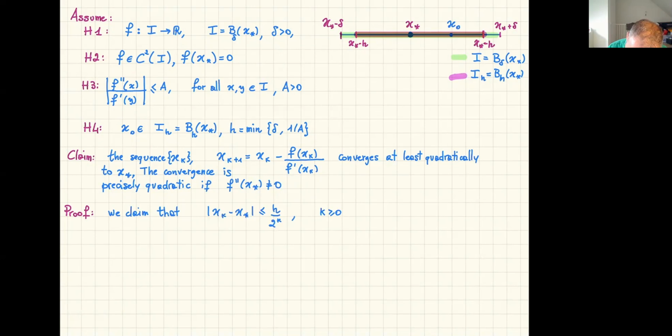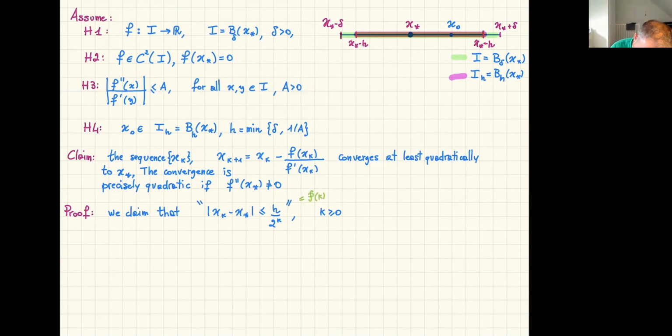So now, this proof is by induction, so I'm going to be calling pk the statement. Well, actually, I can be a bit more synthetic here, and I would say I'm going to call this statement equal to the statement pk.